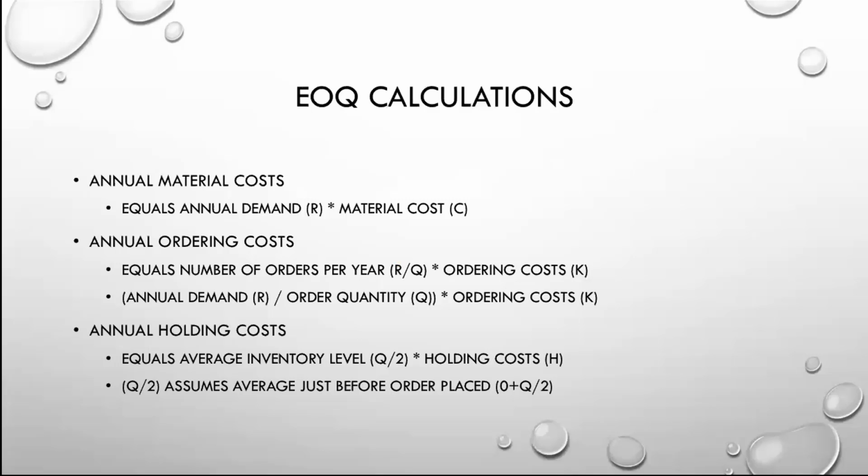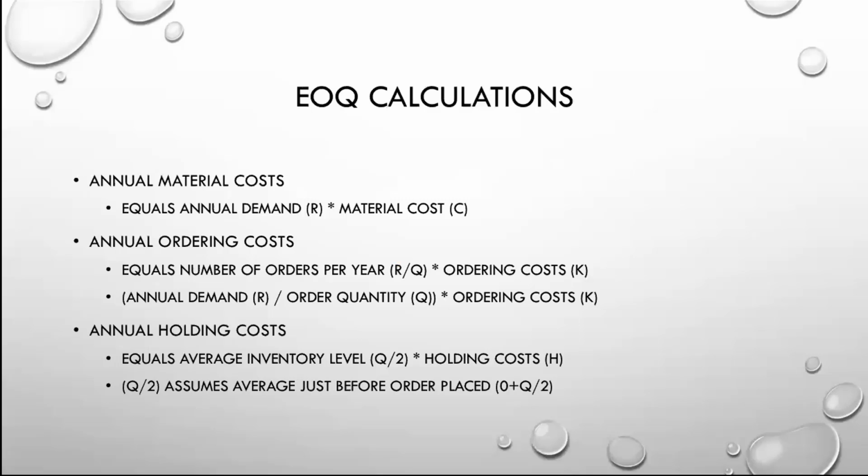These are the costs associated with each order. This doesn't include the material cost. It's the cost associated with ordering the product. So if it costs you $100 to order the products, then you have 10 orders times $100, which would be $1,000. You probably get the idea.